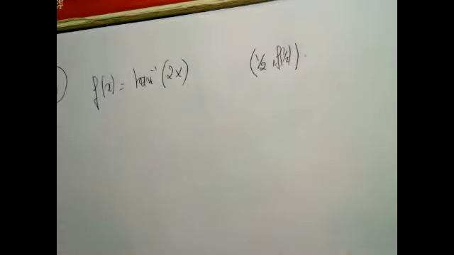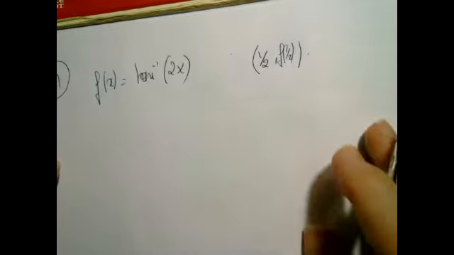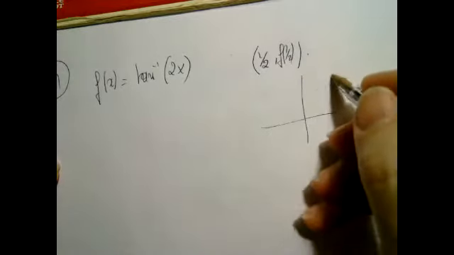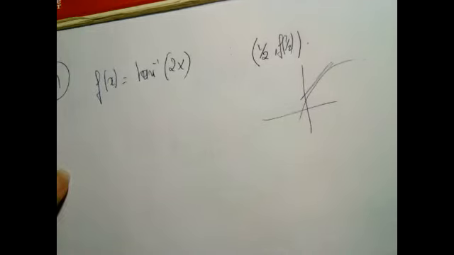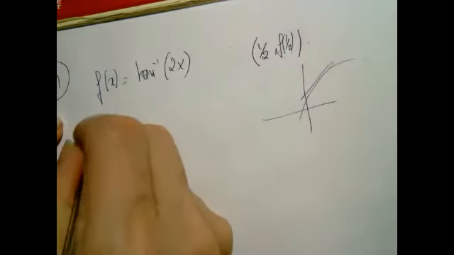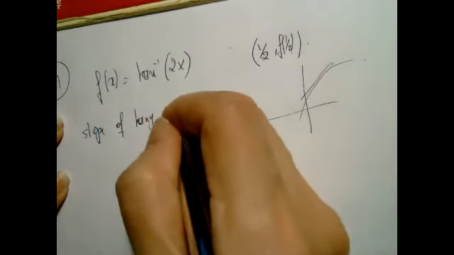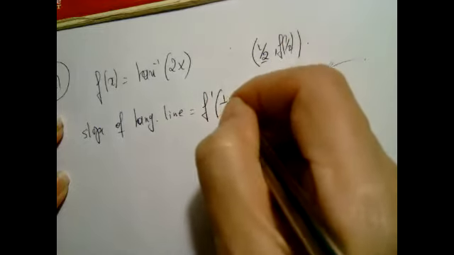Then we have to figure out f at 1/2 by ourselves. All right, so we need the equation of the tangent line. Whatever the graph is, we have to find the equation of the tangent line. So first we need the derivative, because the slope of the tangent line is the value of the derivative at 1/2.